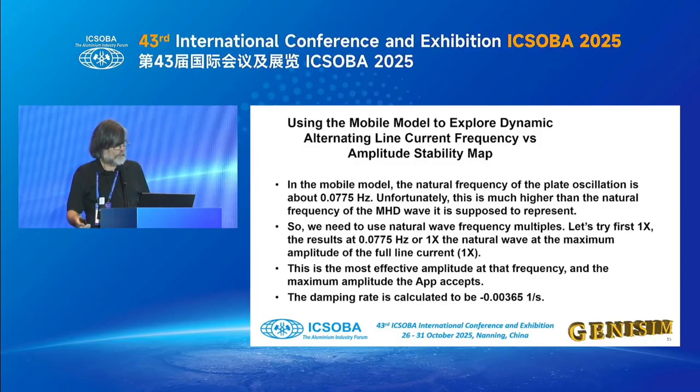So now I will quote frequency in relation to the natural frequency. It will be 1x for the same frequency, or 2x if it's double the frequency, etc. So I will present results for those.